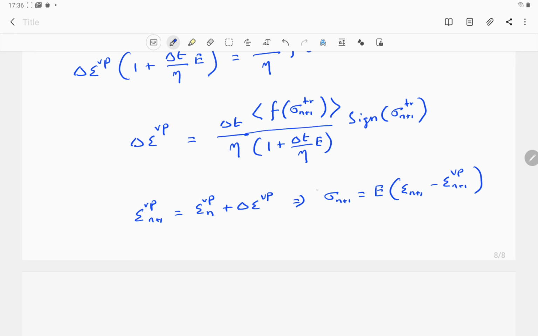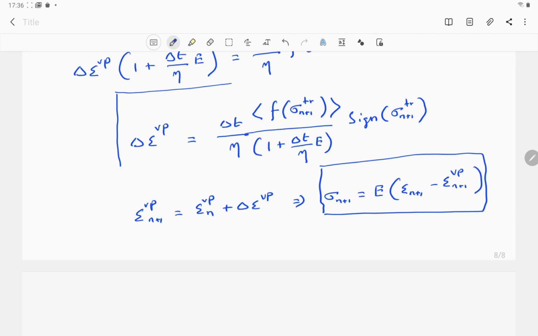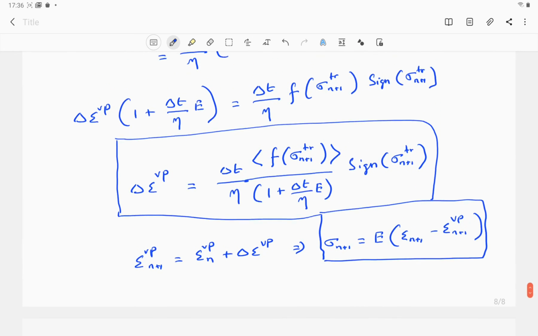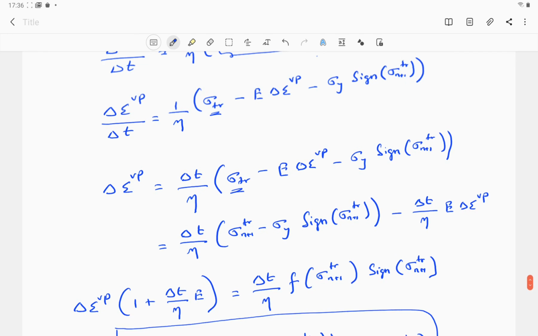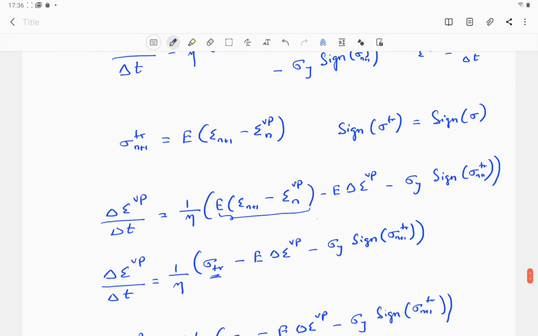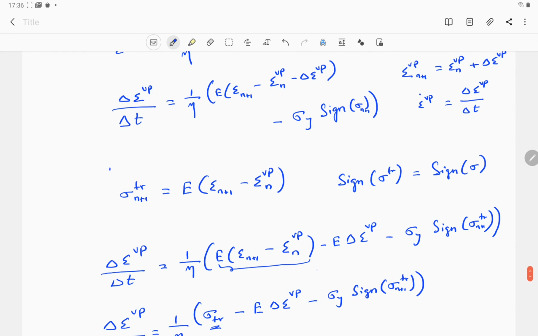Right, so some of the important relations, this one, and then this one, mostly that one. And you should know how to calculate sigma trial, and that sigma trial is this one.